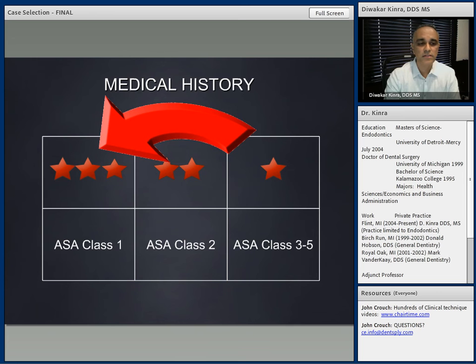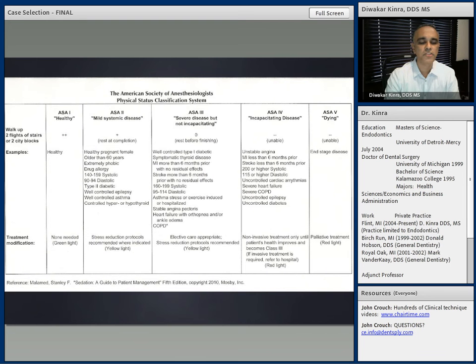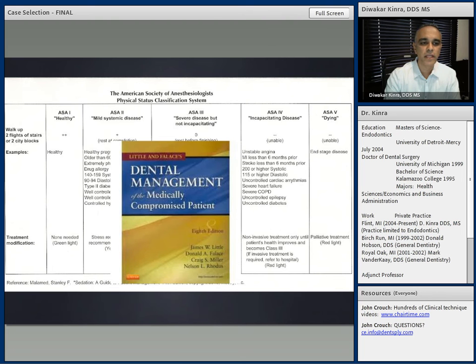There's 2 ways to do this. Well, first we need to understand what exactly is ASA class 1, 2, 3, 4, and 5. And once we have a good understanding of that, a review of that either through a course that you can take, continuing education. If you don't have time to do that, then I would suggest you take a little bit of a review from this book right here.